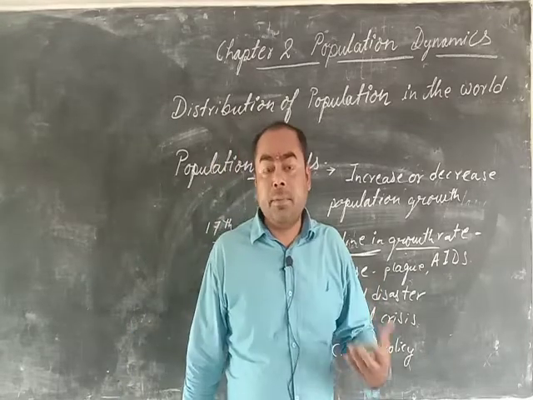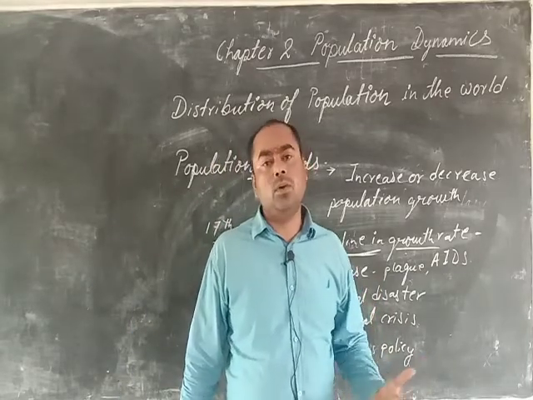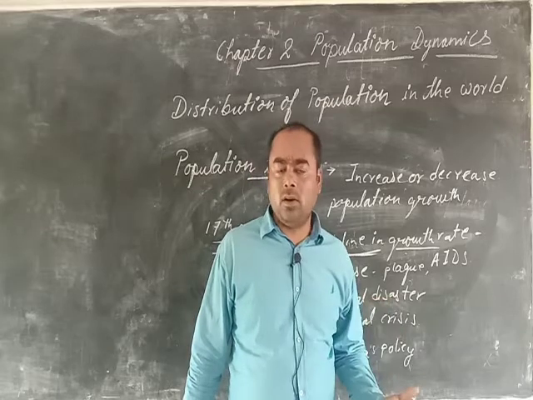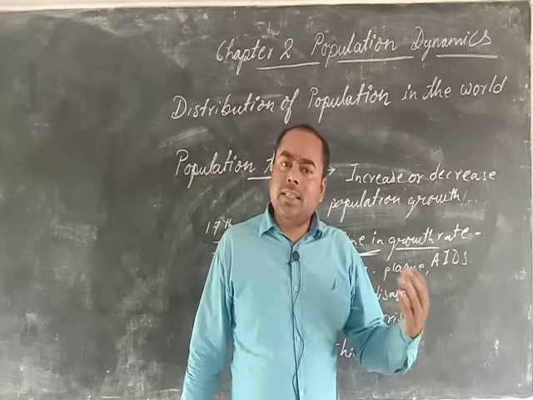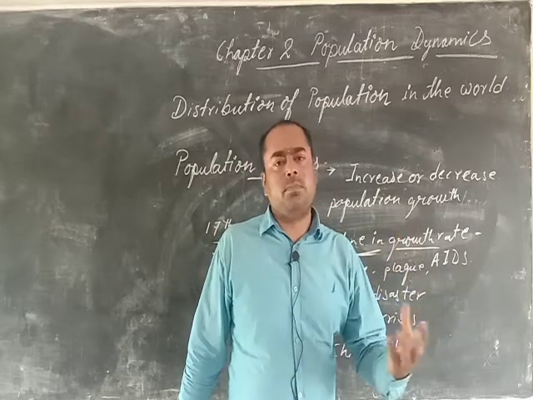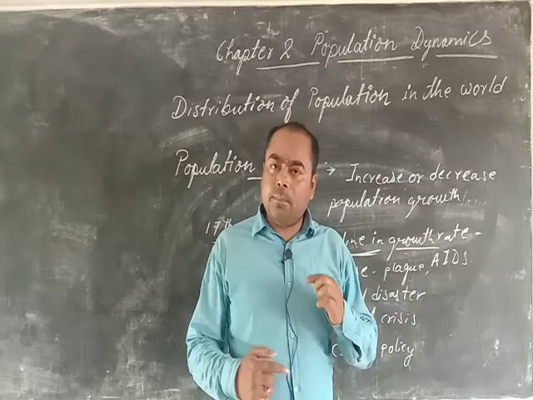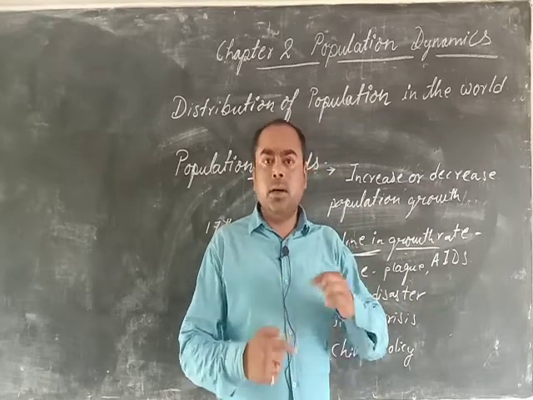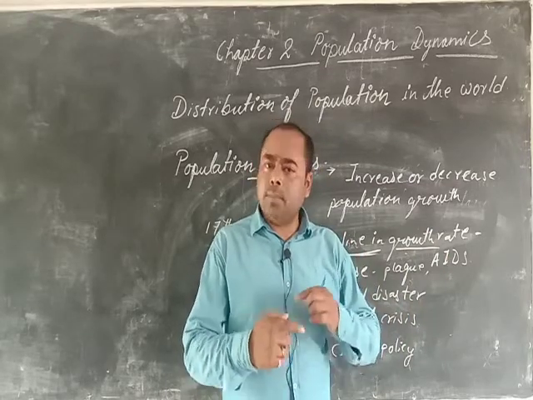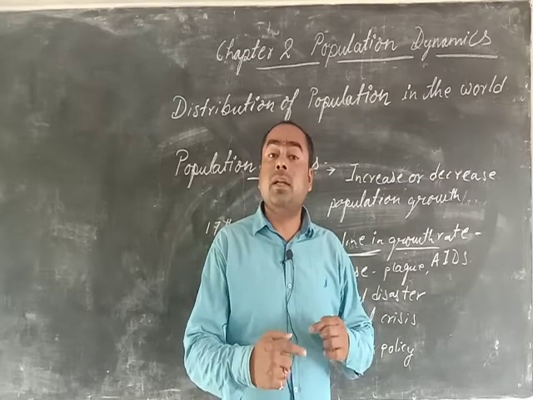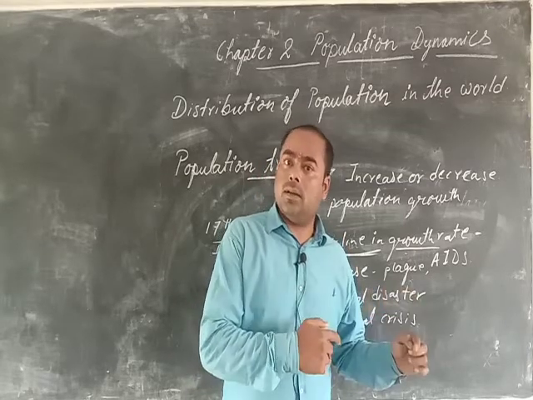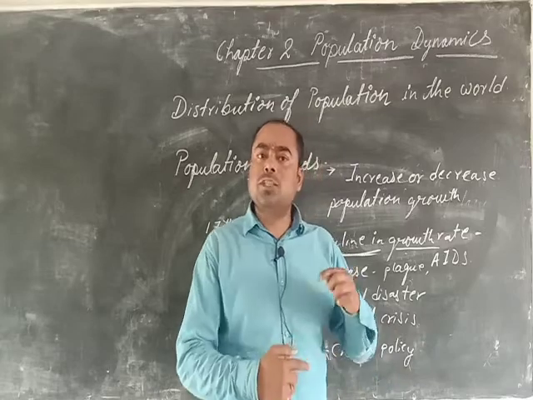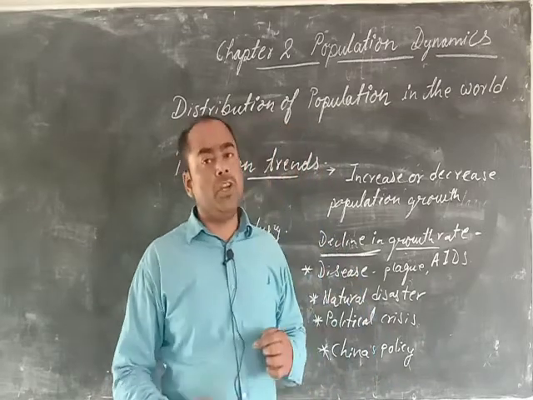Now we have a pandemic situation like coronavirus. Okay, COVID-19 is spreading all over the world. So diseases will decrease the population growth. Maybe a number of babies will be taking birth, but the number of deaths is also increasing. So that leads to a decline in the growth rate of population.